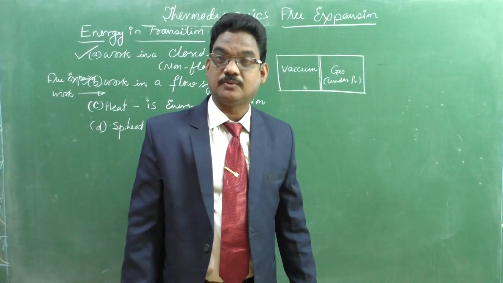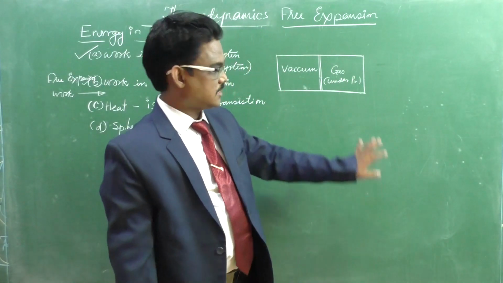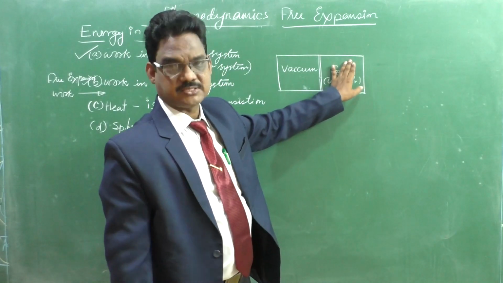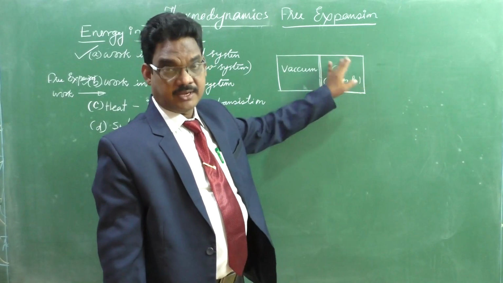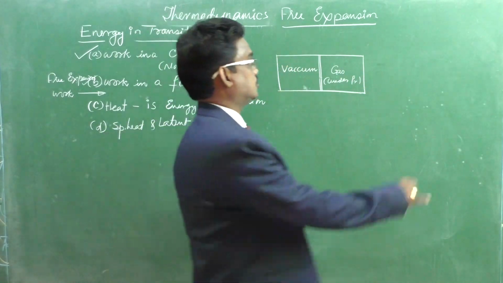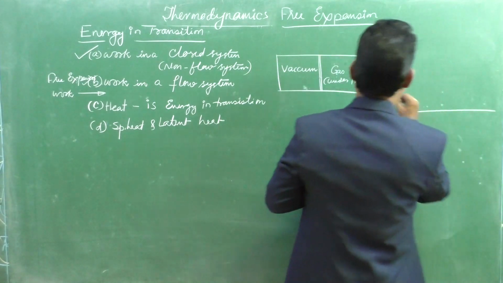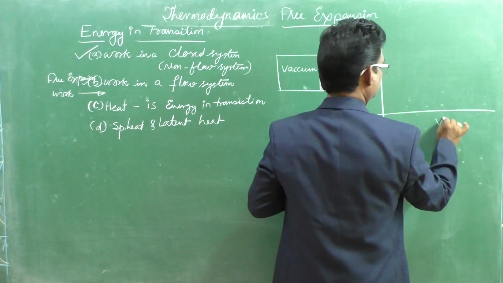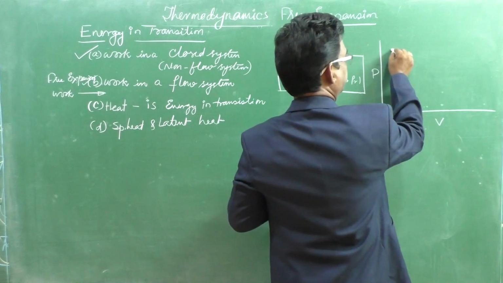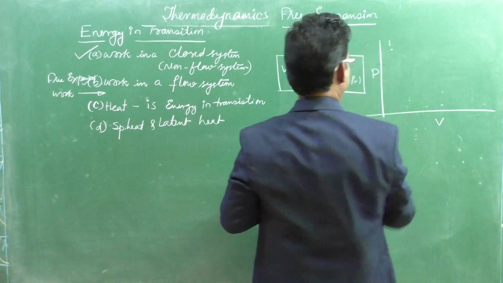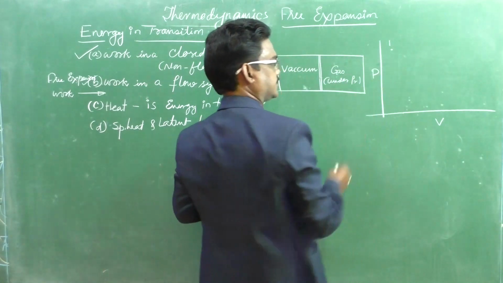What is the work done here? It has an initial state, and the final state of the gas is also there. Suppose you want to represent the same thing on the PV diagram. The initial pressure and the initial volume of the gas are at state 1.